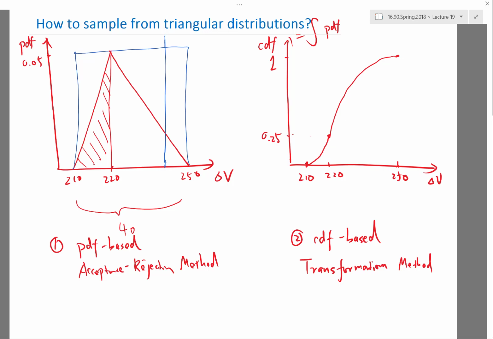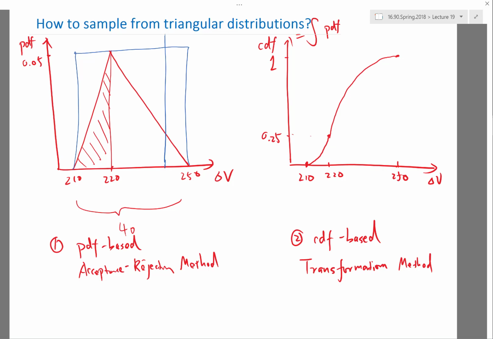While if the CDF is steep, that means you are mapping a relatively large region in the y-axis into a relatively small region in the x-axis. And that's the point where the PDF is high, because you are grabbing a lot of samples in a large region in the y-axis and focusing them on a small region in the x-axis.